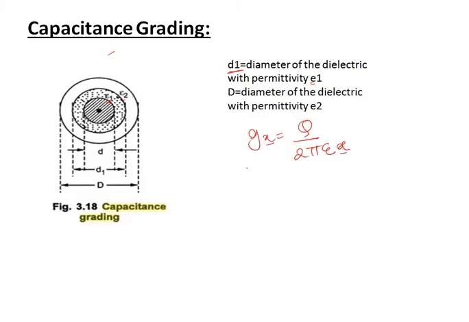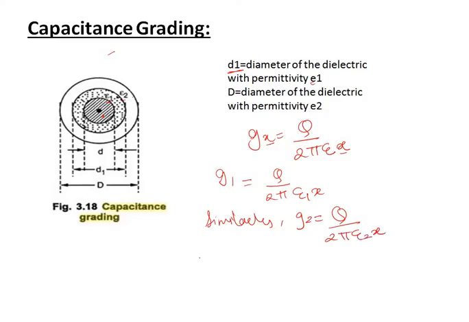From this formula, the stress at any point in the inner dielectric will be G1 is equal to Q upon 2 pi epsilon 1 x, because here it is epsilon 1. Similarly, we calculate G2. G2 is equal to Q upon 2 pi epsilon 2 x.